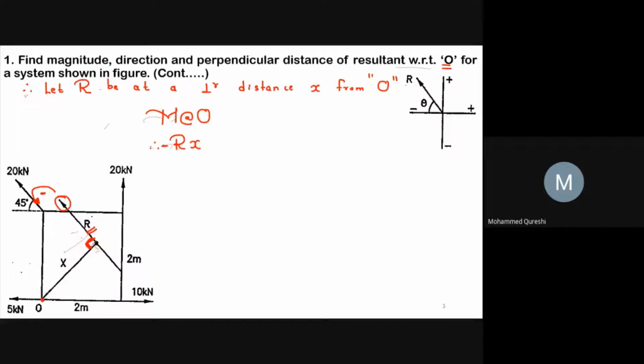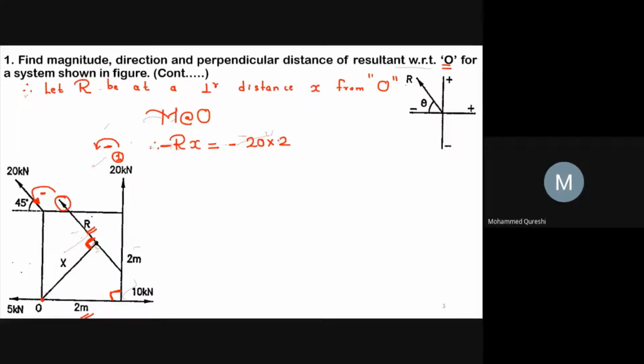So I will write a minus sign, equals. Now let us go for the forces. Let us take this 20 kilonewton force. This force has a perpendicular distance of 2 meters with respect to point O, and it moves about point O in the anti-clockwise direction, that is minus. So I will write minus 20 into the perpendicular distance 2.